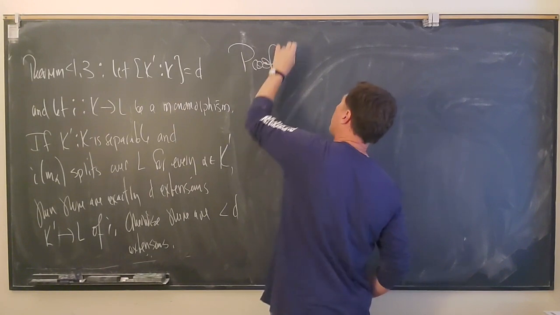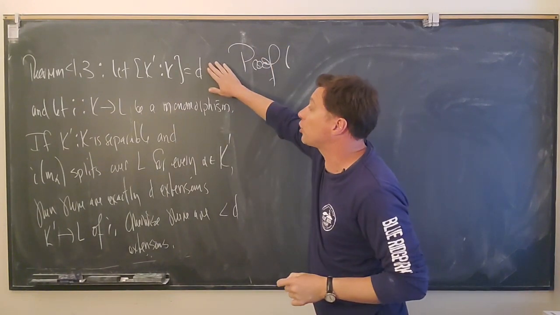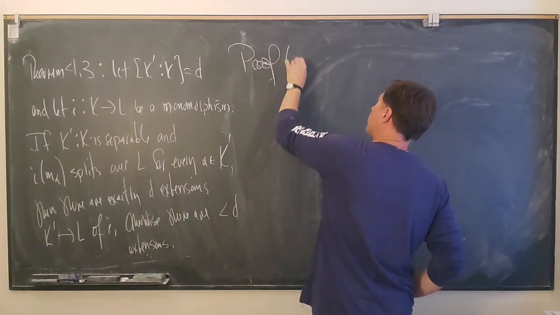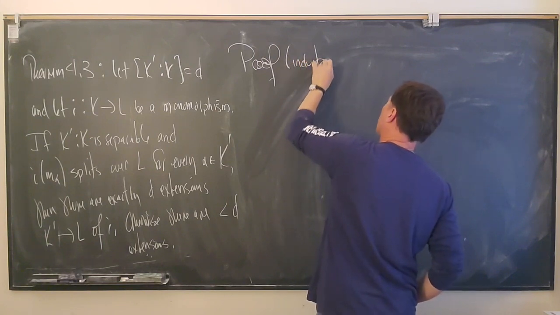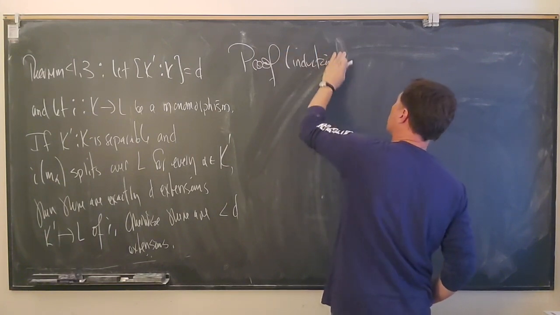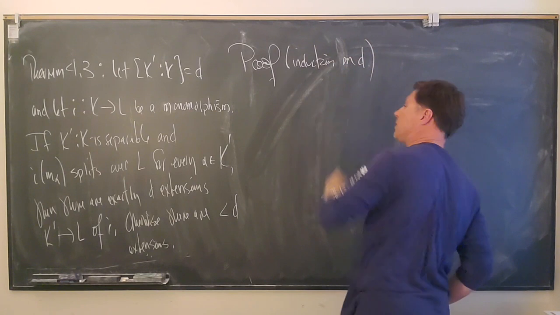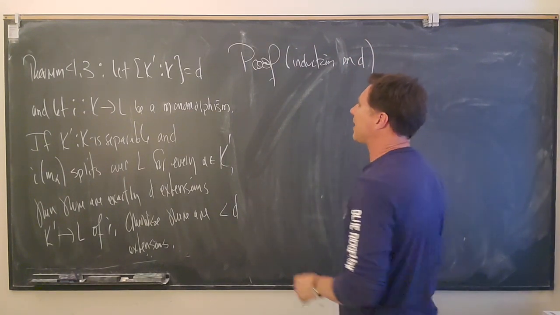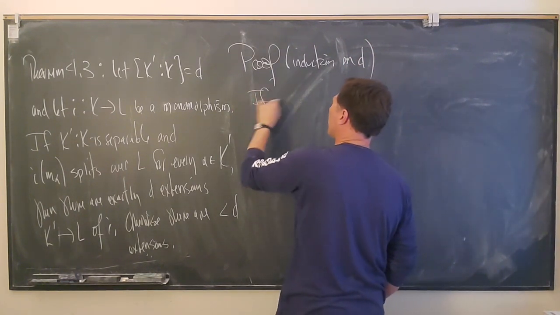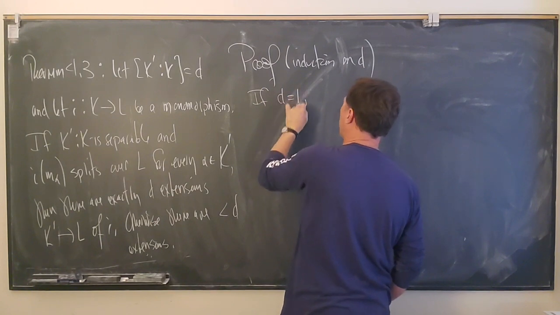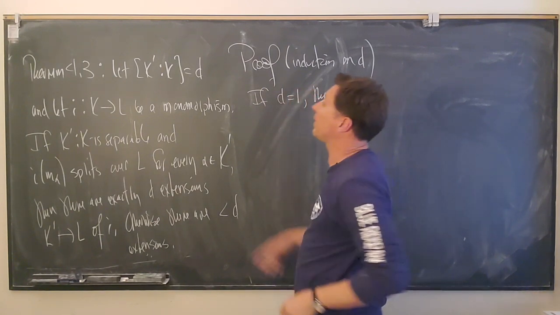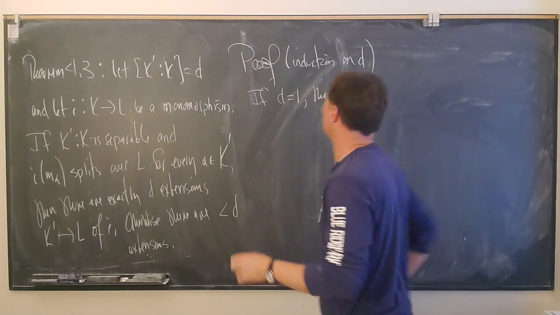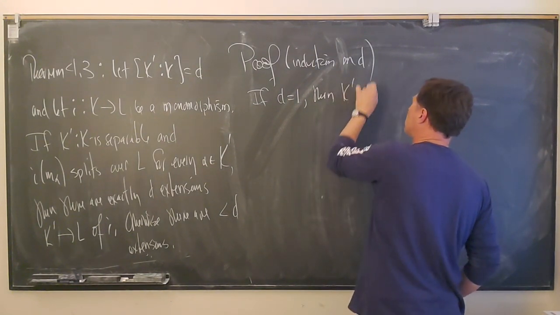Now the proof is actually induction on the degree, so on this number d. Induction on d. So for the base case, if d equals 1, what does that mean? Well, it means then that k prime is equal to k.